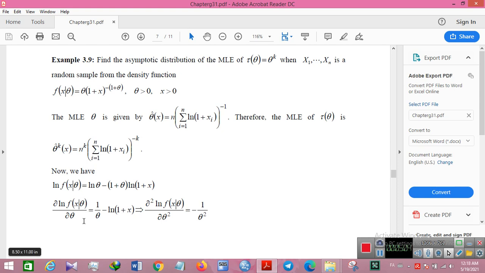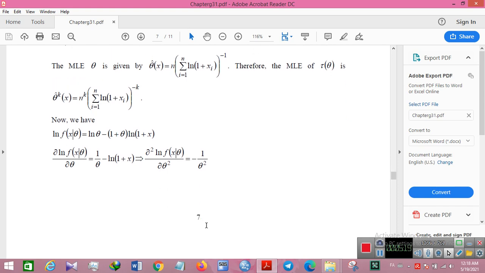if we take the derivative of the log of f(xi) with respect to theta, we can find this value, and the second derivative is given by minus 1 over theta square.